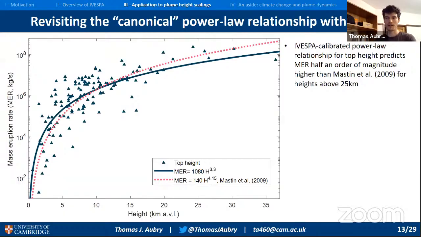But exactly like you said, in the future, we really need a flag for where there are multiple intrusions, was it a multi-layer cloud, or for example, a co-ignimbrite cloud. So yeah, not there yet, but it's a good suggestion, and we definitely will include it.